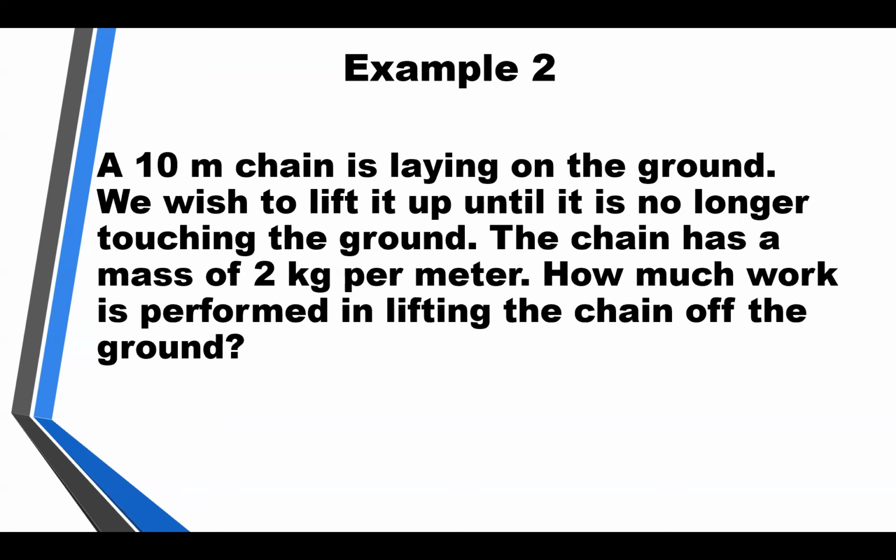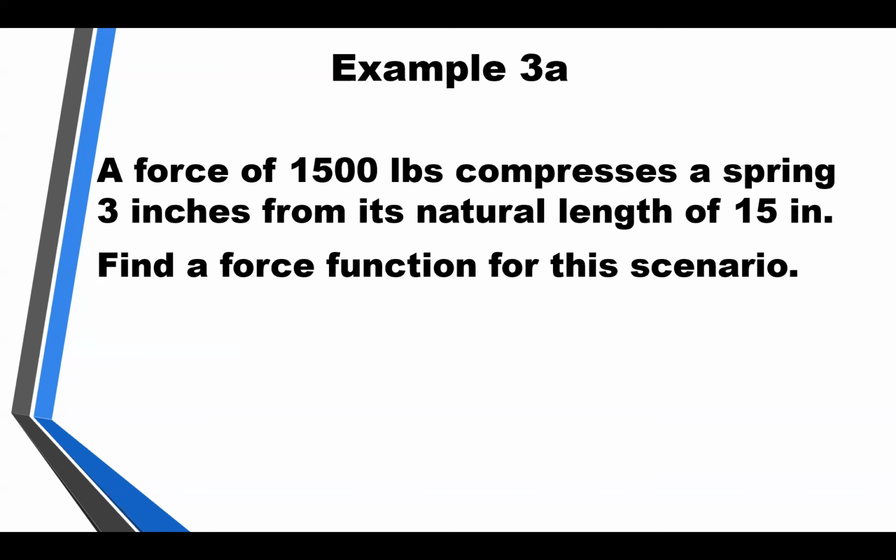Let's do another example. Let's do an example with a spring. So a force of 1,500 pounds is what it takes when compressing a spring 3 inches from its natural length of 15 inches. So basically, we've compressed the spring down 3 inches from its natural length.